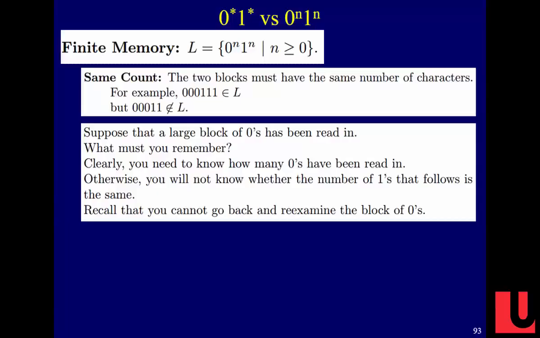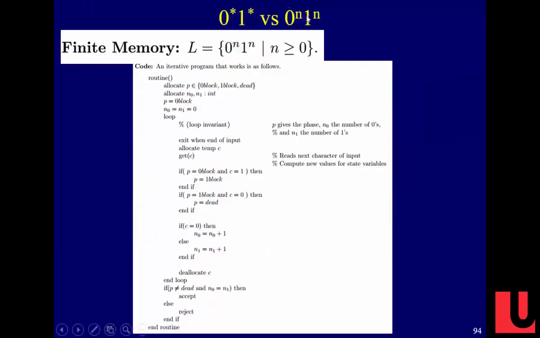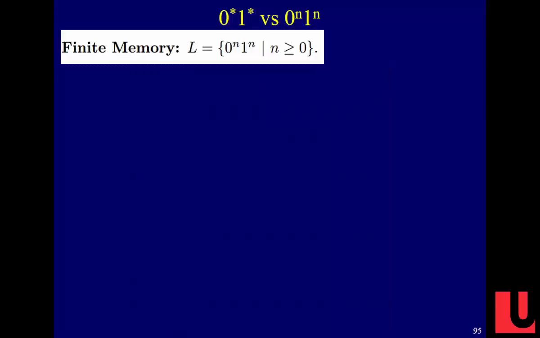So if I wanted to count, here's code which is counting. It says I've got a 0 block and I'm counting the number of zeros, and then I'm counting the number of 1s. So how many states do I need? I need a different state for every number.